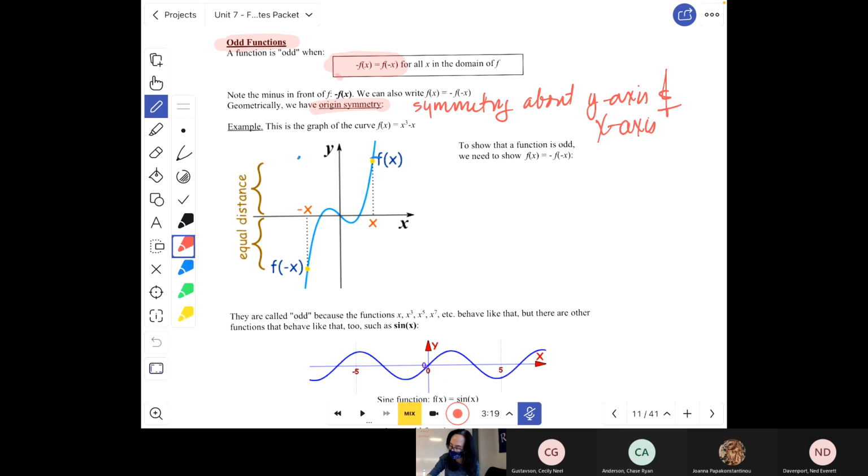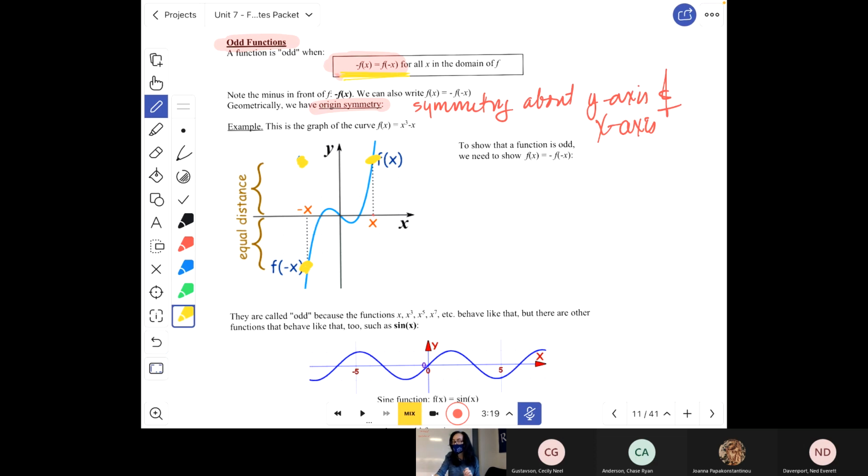If I take x and I look at f of x, if it were symmetric about the y, it would be here, right? But it's not symmetric about just the y. It's not even. It's also symmetric about the x. So this is actually rotational symmetry, symmetry about the origin, which means reflection about the y, reflection about the x. So I would have to show this.